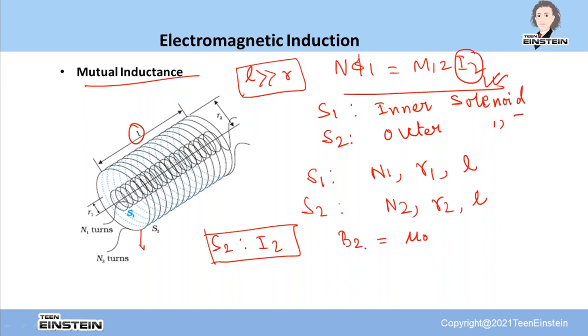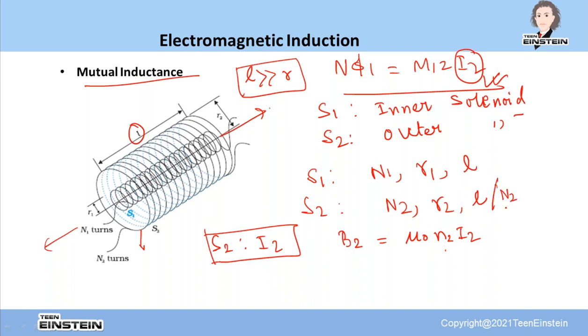At that condition, the magnetic field produced inside a solenoid will be axial, along the axis direction, either this way or this way, depending on the current direction. But the magnitude will be mu 0 n2 I2. What is this small n2?